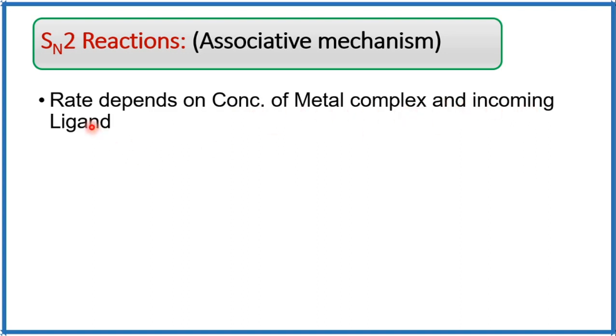That means the velocity of the reaction depends on metal complex concentration as well as entering ligand concentration. So both the complex and entering ligand are involved in the rate determination step. Therefore, we are calling it a bimolecular mechanism.